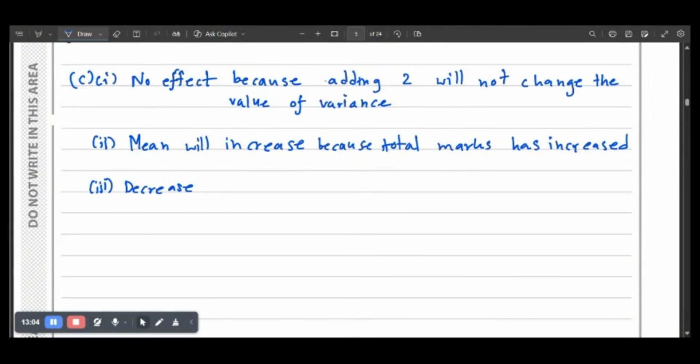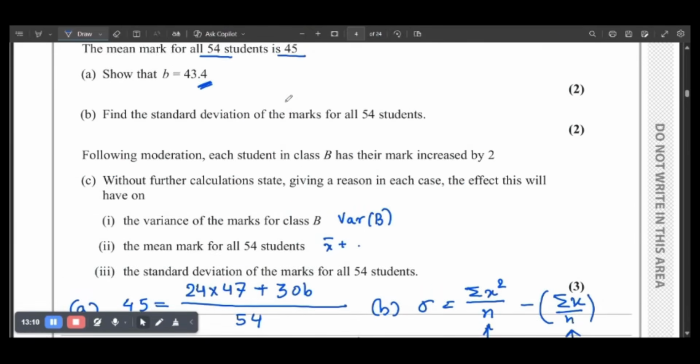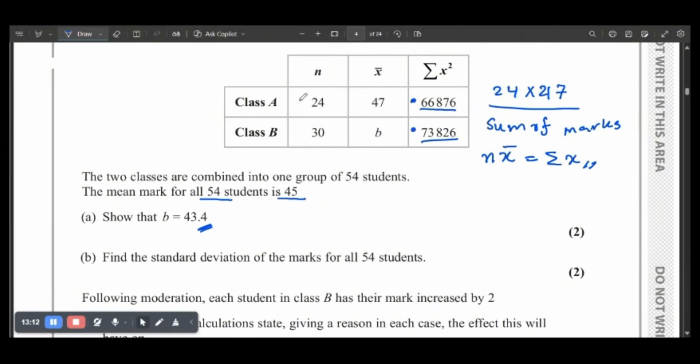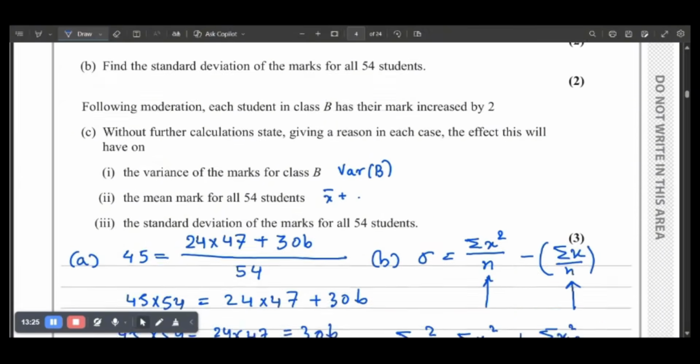Because as the mean of class B is increasing, the mean is getting closer and closer to class A. So the standard deviation of each of the marks will decrease.